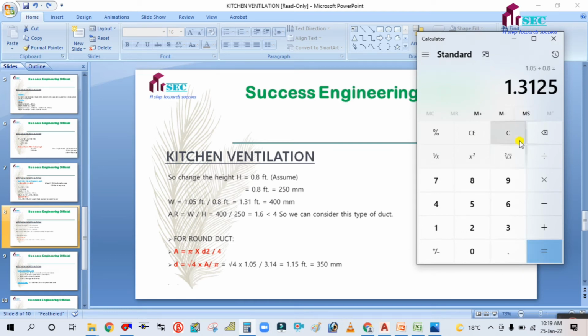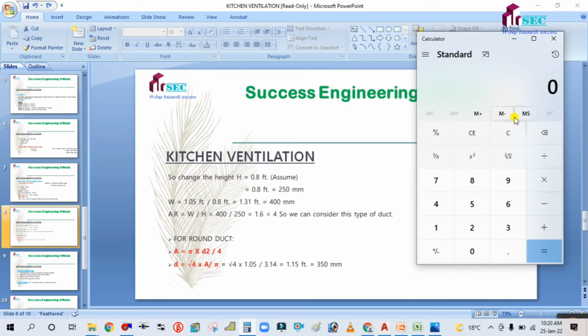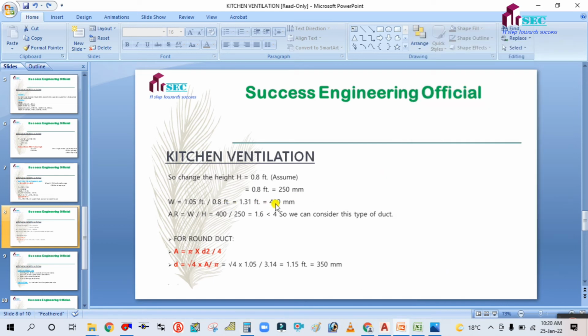So 1.3 feet, convert into mm. Simply multiply by 304.8. Okay, so you are getting 399, which is nothing but 400. 1 feet is equal to 304.8 mm. Okay, you are getting 400 mm.